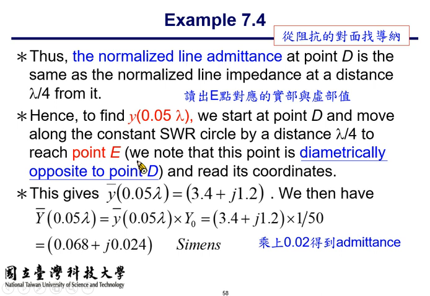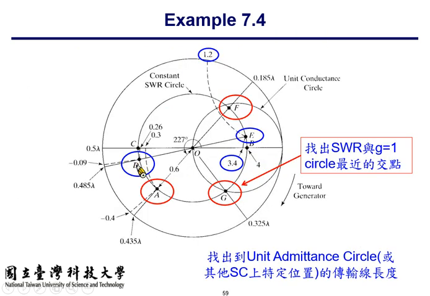What you should do is draw a straight line passing through point D and point O, and find the intersection of the circle with the line on the other end, which is point F. That is the impedance if you move along the constant SWR circle for a quarter wavelength. It also equals the inverse of the impedance at position D.